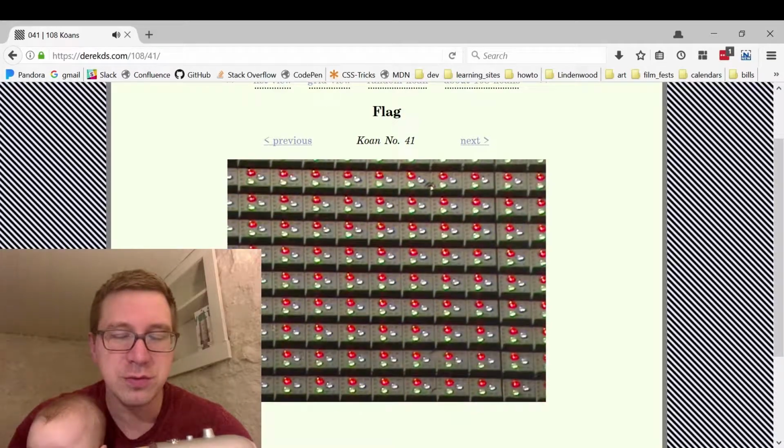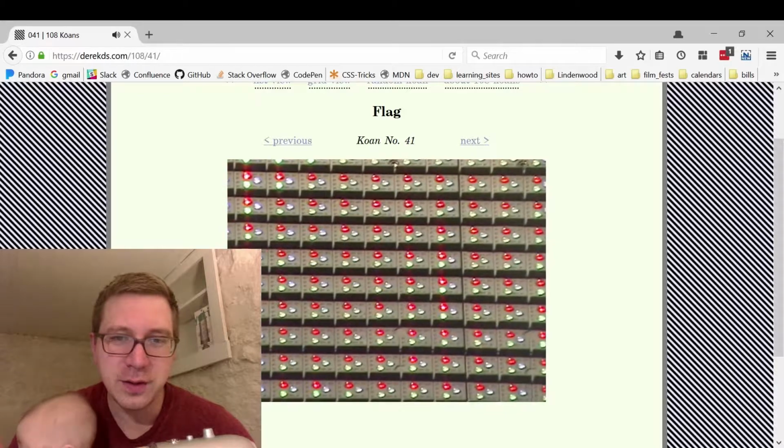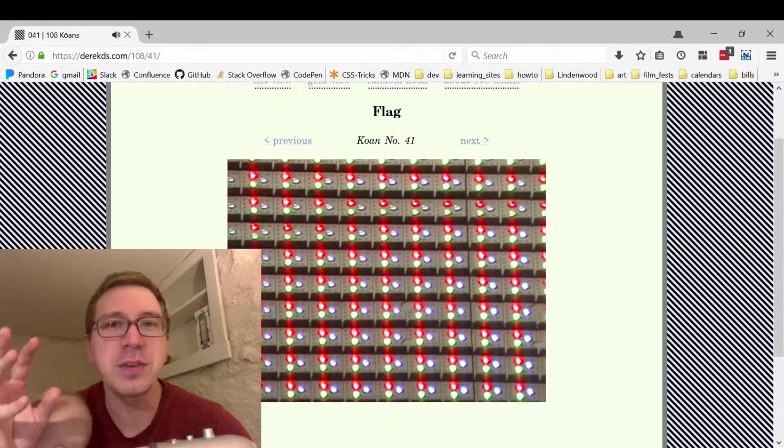It's just a series of RGB pixels, but this was like a magnification of that, right?